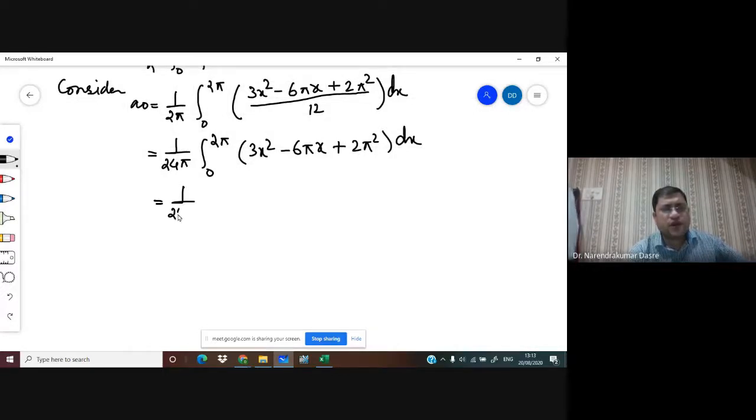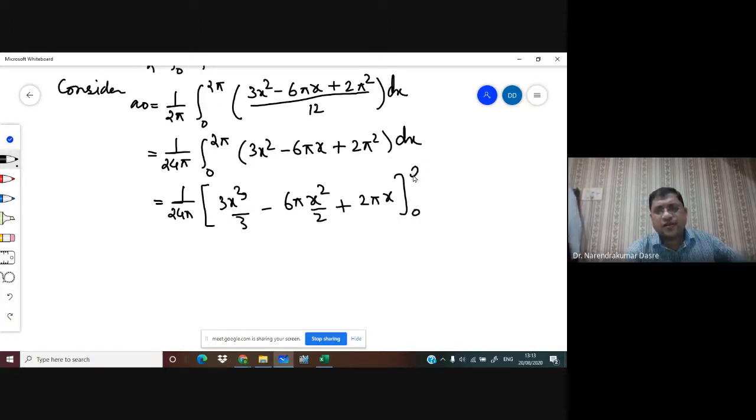We can have 1 upon 24 pi. We'll be having 3x cube by 3 minus 6 pi x square by 2 plus 2 pi square x, from 0 to 2 pi.